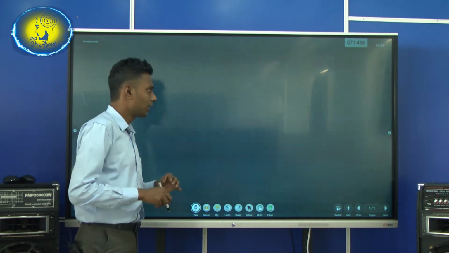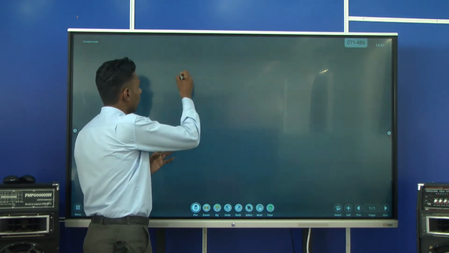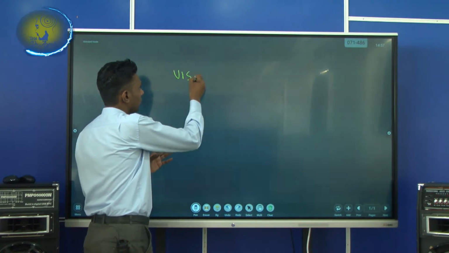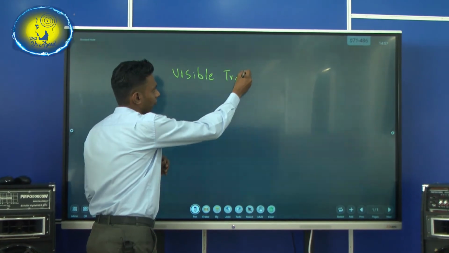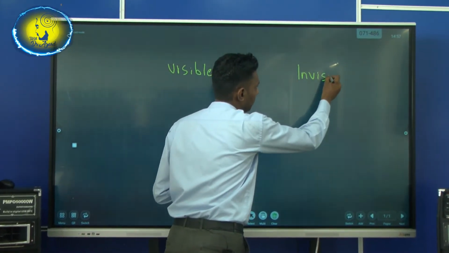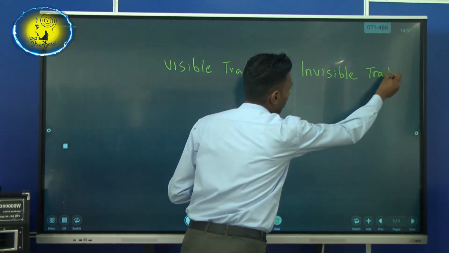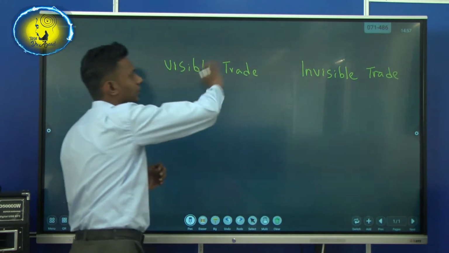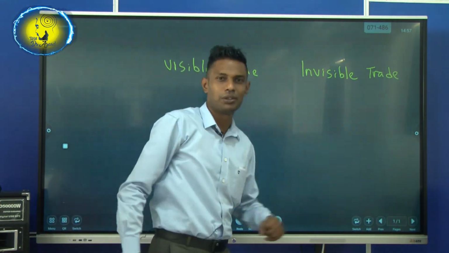When we talk about international trade, you are familiar with the terms visible trade and invisible trade. International trade could occur in these two ways: either visible or invisible.